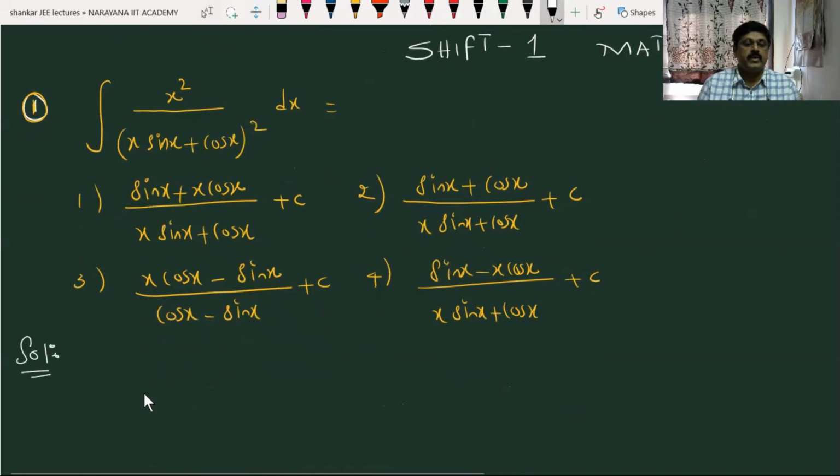Students, what I am going to do is write x square upon (x sin x plus cos x) whole square like this. I supply cos x. Carefully you see.